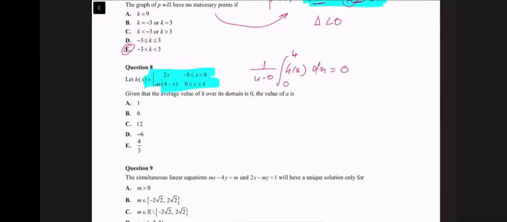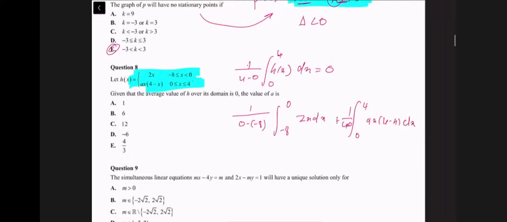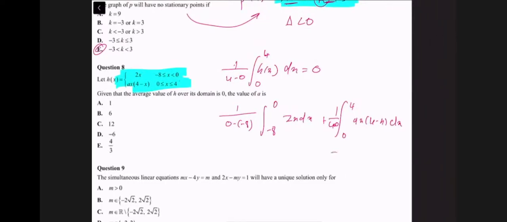If you were going to split this up, you would do the integral from minus 8 to 0 of 2x dx, and then add the integral from 0 to 4 of a times (4 minus x) dx. Then I had to find what this was, equate it to 0 and solve for a.